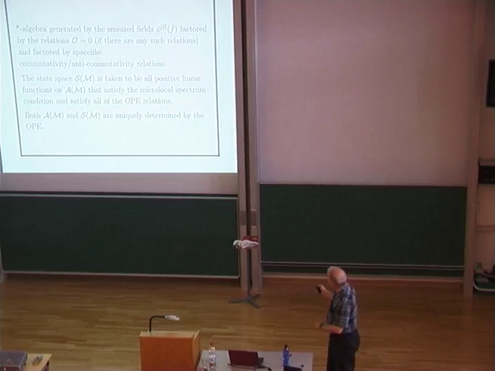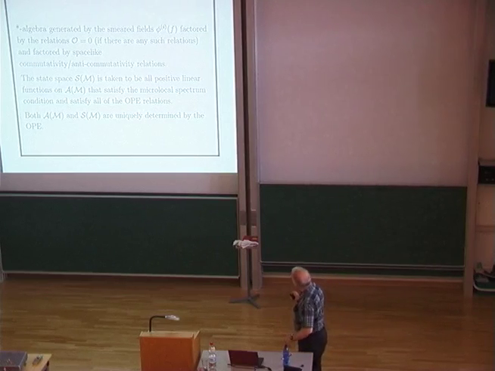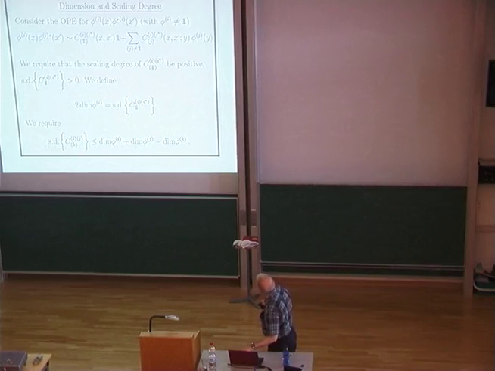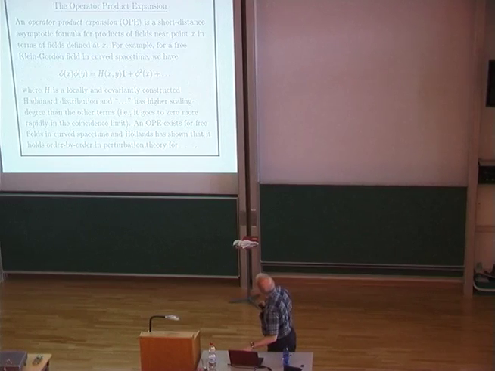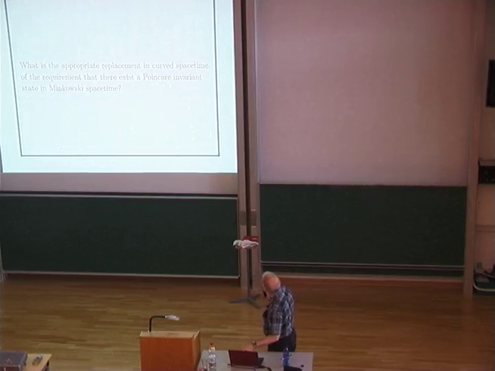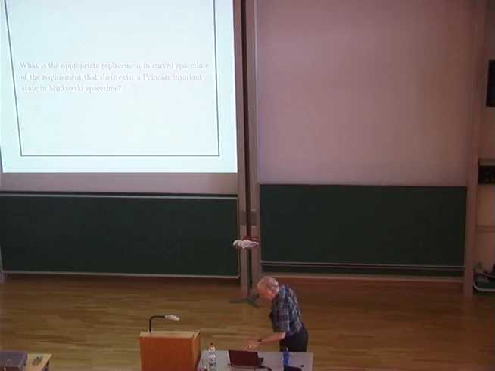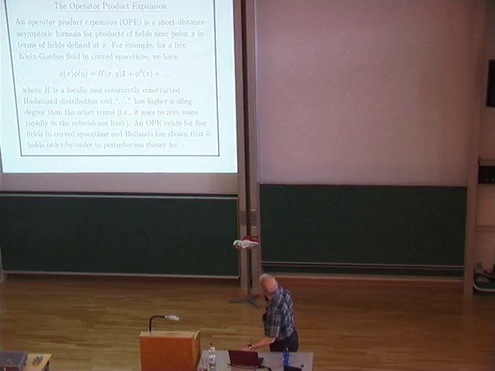Now, let me just back up and say, we were led to this proposal from, as I've described, the issue of how do you replace and get the content of the Poincare invariant vacuum state in the general curved space-time setting.